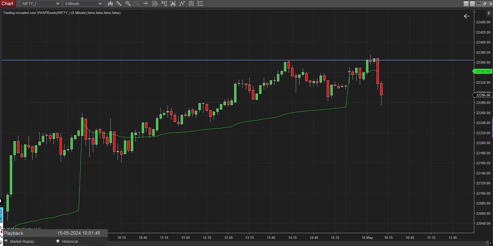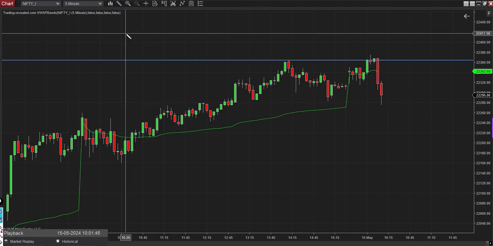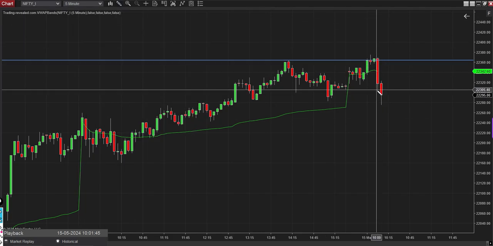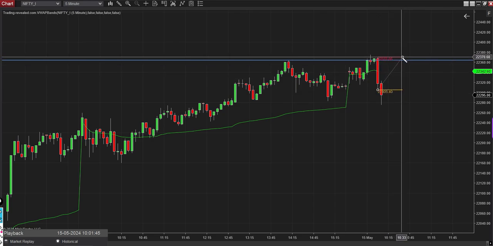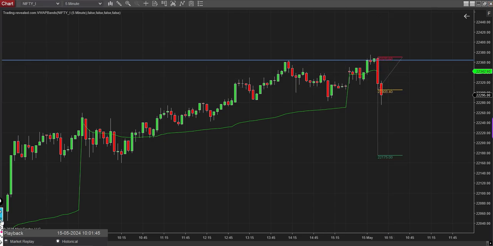But here they are reversing back, crossing the VWAP fast towards the downside and moving down. That means this becomes the next chance of direction towards downside momentum. We are getting that clear confirmation on the candle close itself.